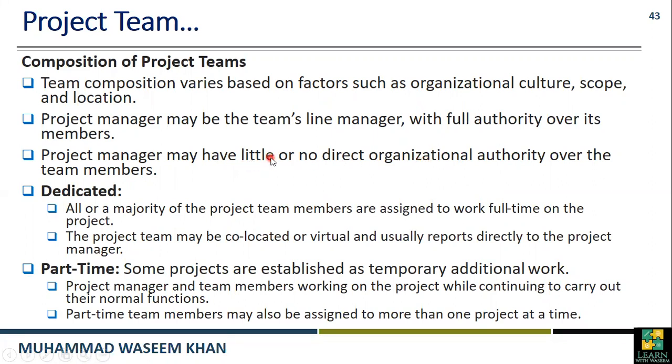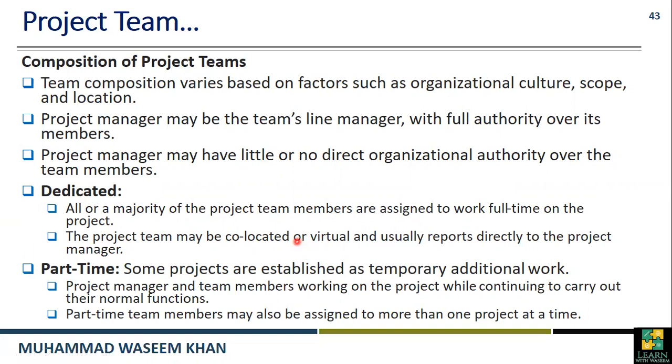It depends. All or the majority of the project team members are assigned to work full time on the project, and the project team may be co-located or virtual and usually reports directly to the project manager. So these are the simple things.